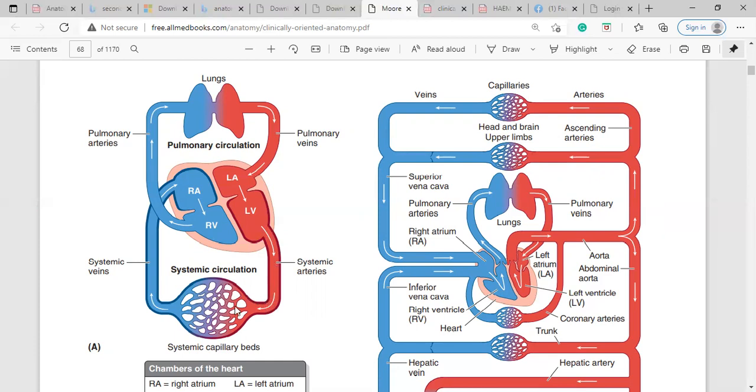Now, when the blood gets to the organ, each of your organs, there is what we call the capillaries, where there is exchange of the oxygen in the blood and nutrients in the blood with the capillaries. So these capillaries are found in the tissues, each of the tissues.